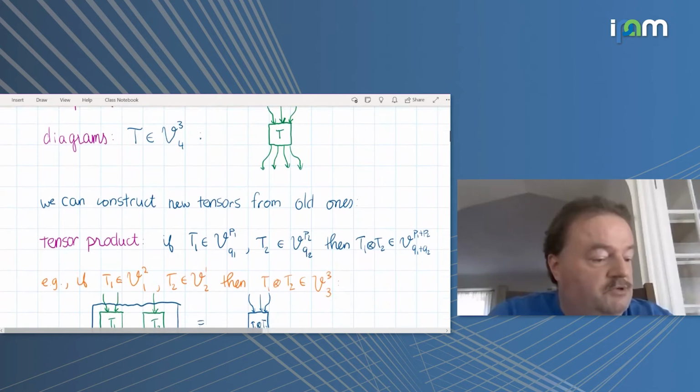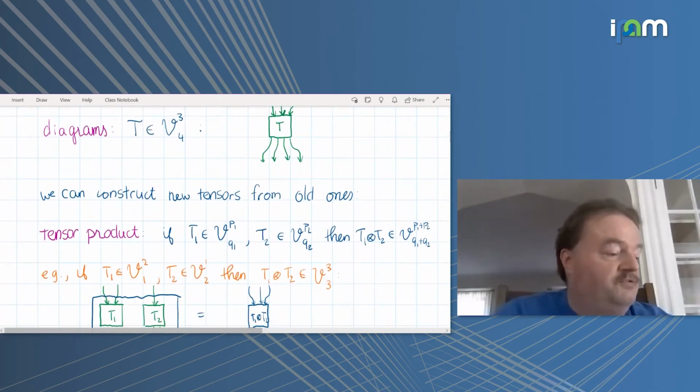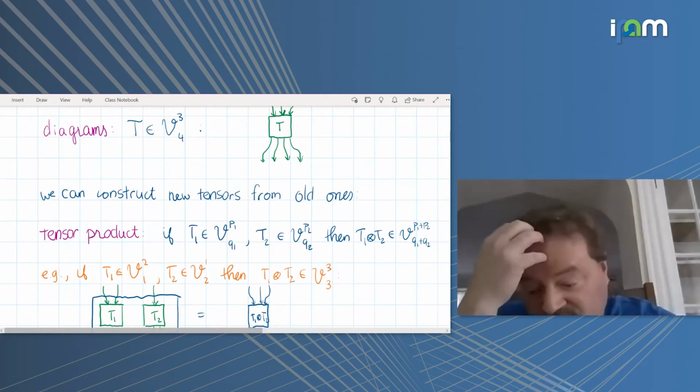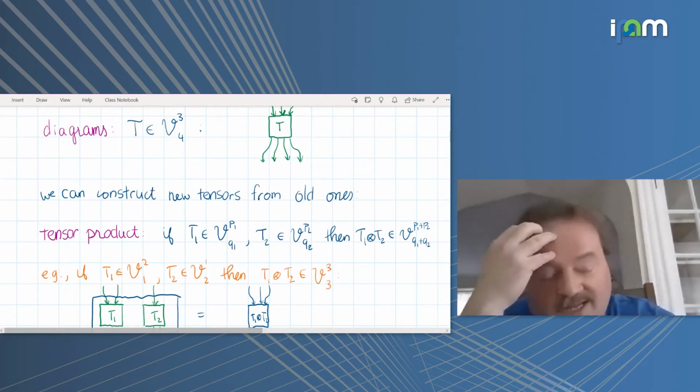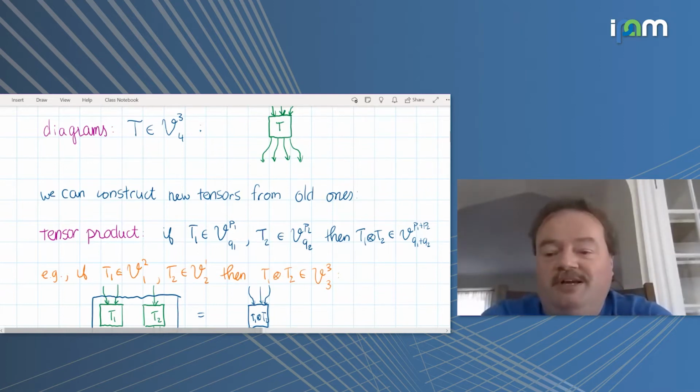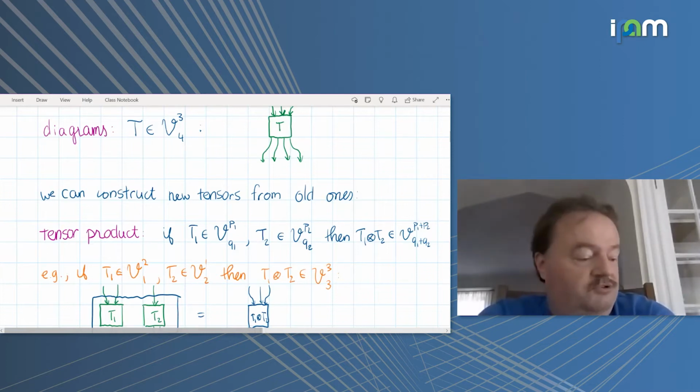So one can study, like, what can you do with tensors, right? There are a lot of structures that you can do with tensors. So for example, if you have two tensors, you can take their tensor product and you get another tensor. So that's one way of constructing new tensors from old ones.